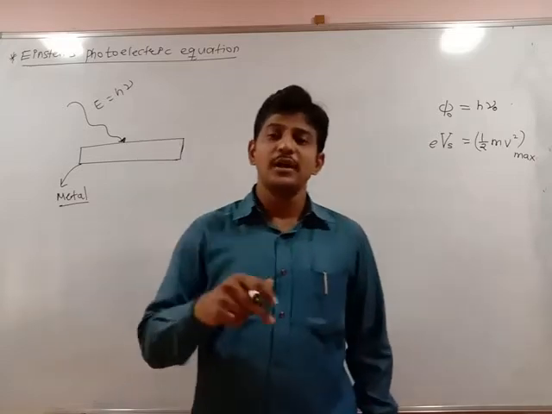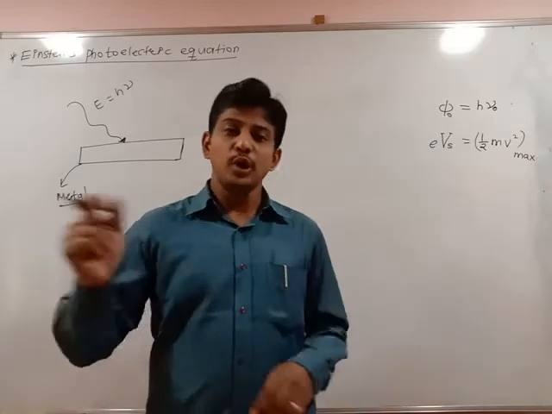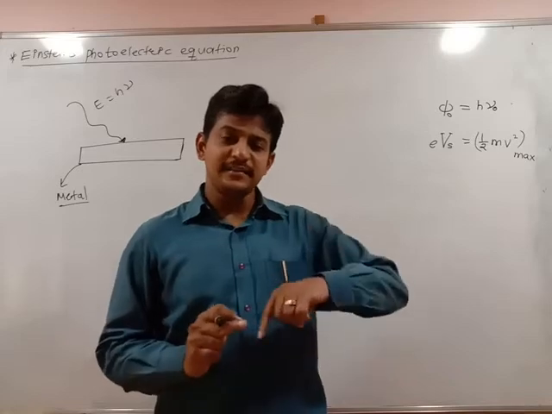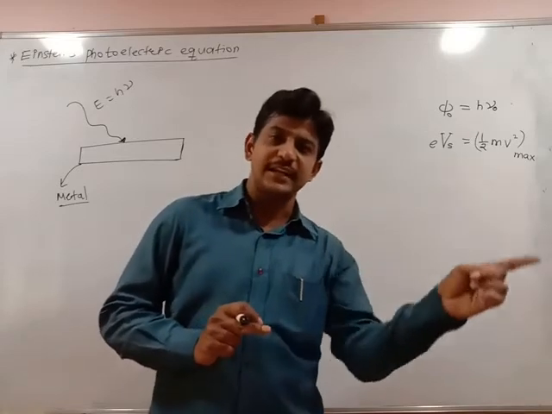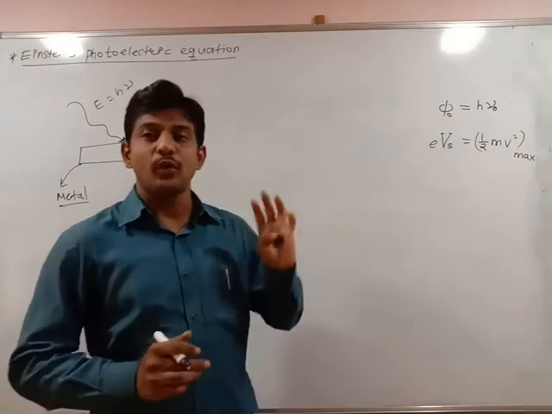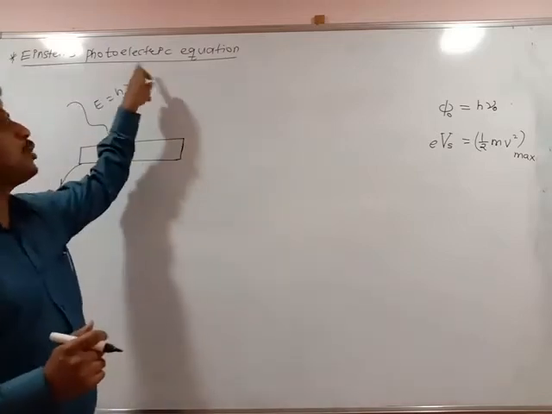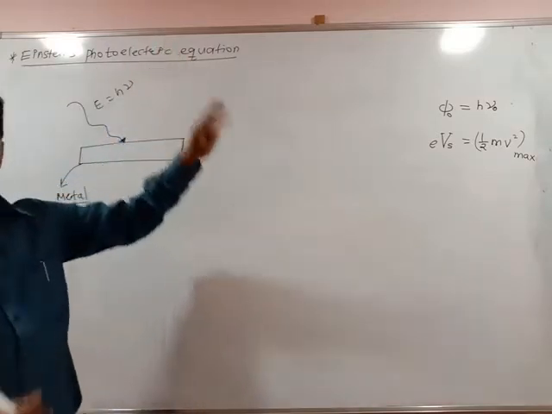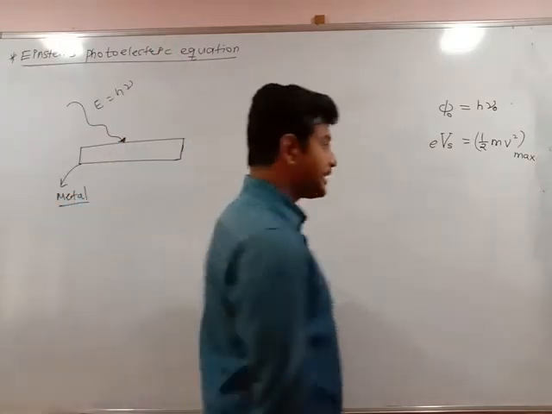Electrons eject due to what? Incidence of photons. So the photon ejects the electron, and these ejected photoelectrons carry the electric current. That's why the effect was named photoelectric. Photons produce electric current, which is said to be the photoelectric current.